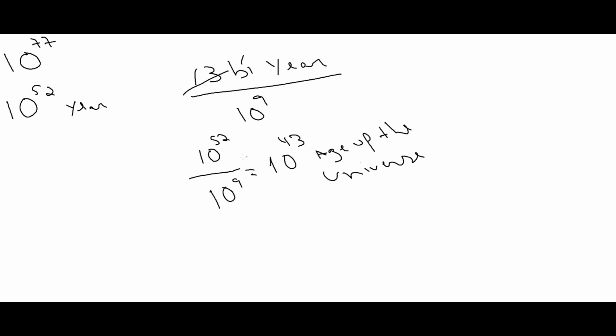So we need 10 up to 43 universe ages to decrypt this hash with the El Capitan processor. That's so long that it's impossible to do with our current technologies.